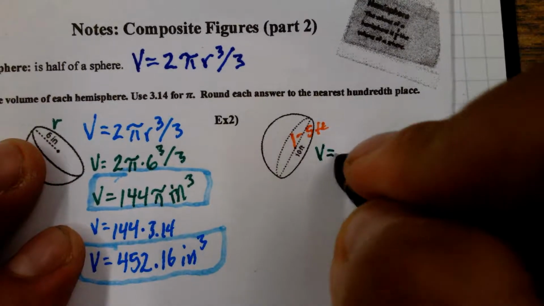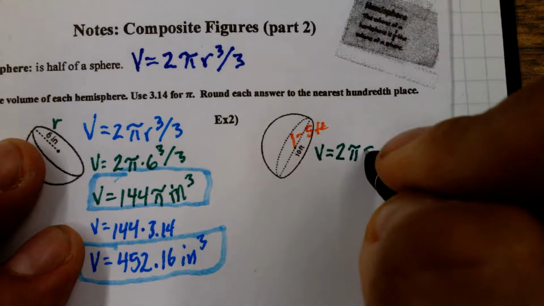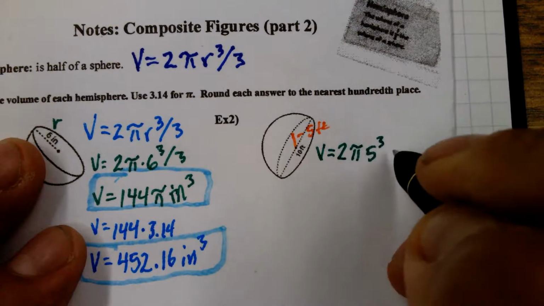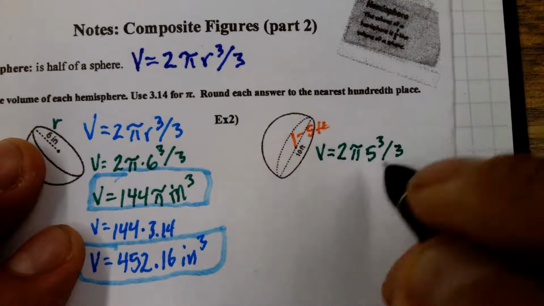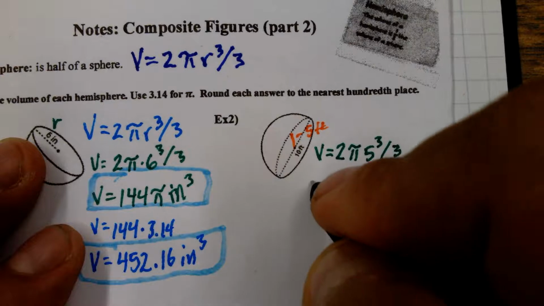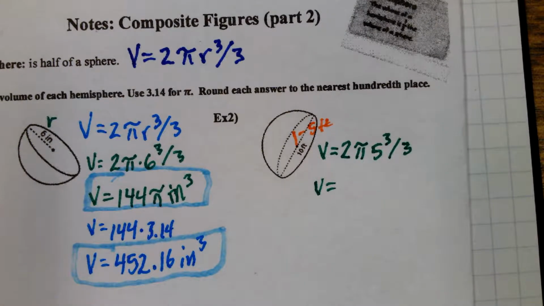So the volume is 2 times pi times 5 cubed divided by 3. Okay. So let's go ahead and multiply to get that. So what you want to multiply is 2 times 5 times 5 times 5, and then divide by 3.